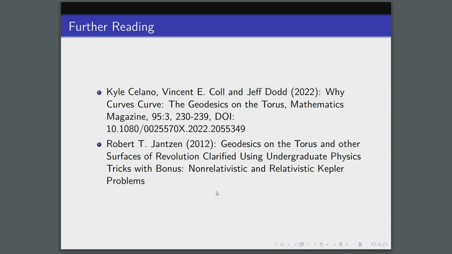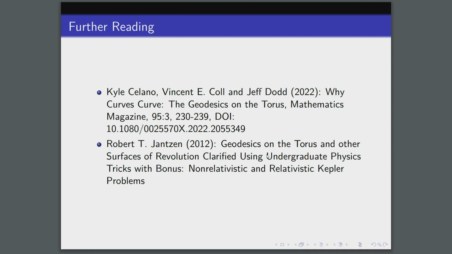Another more challenging article, if you're interested in the movements of particles on the torus and more generally surfaces of revolution. As you saw, the torus comes about by rotating a circle. We can do this more generally by rotating a curve around an axis of rotation.